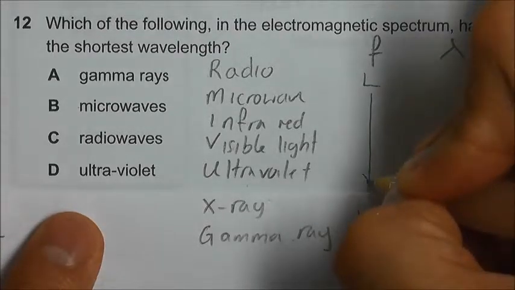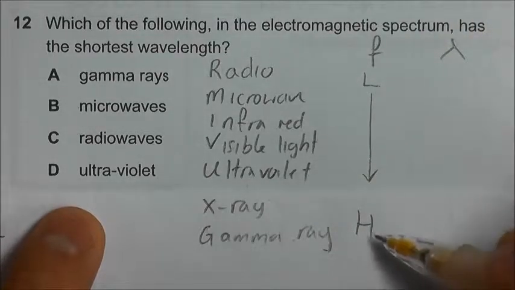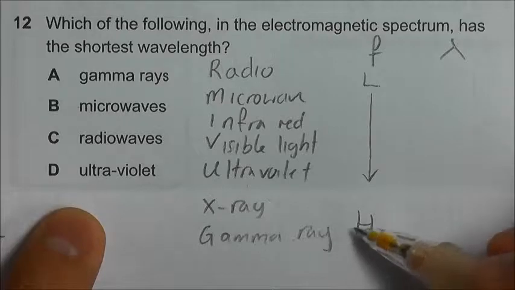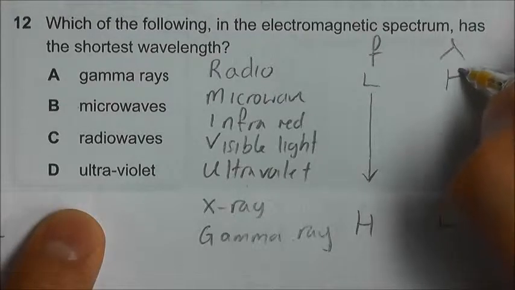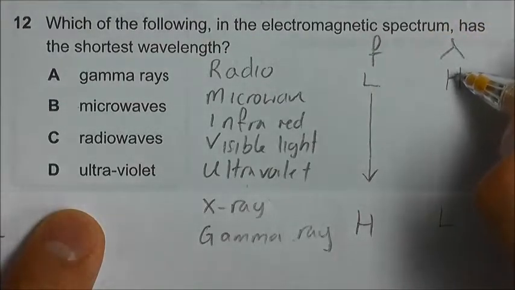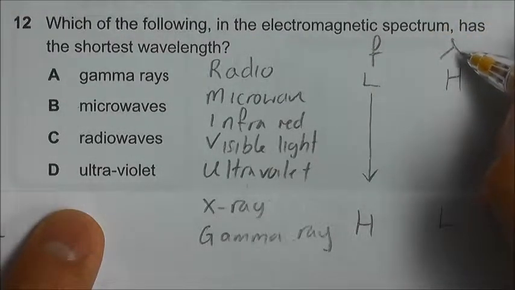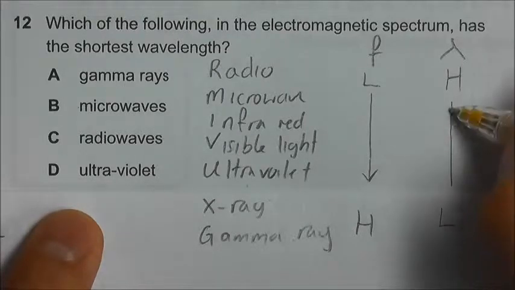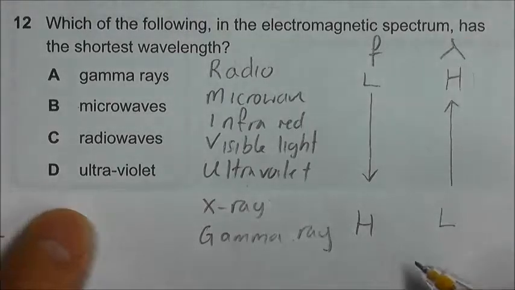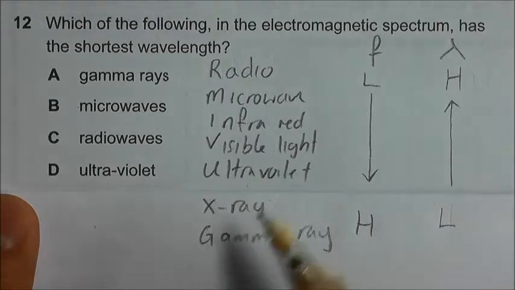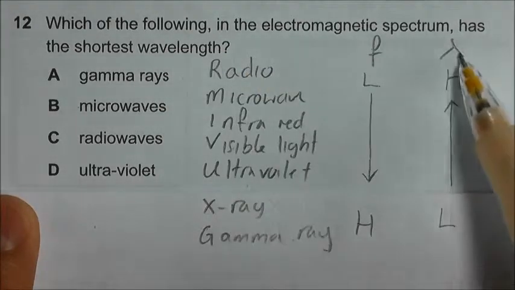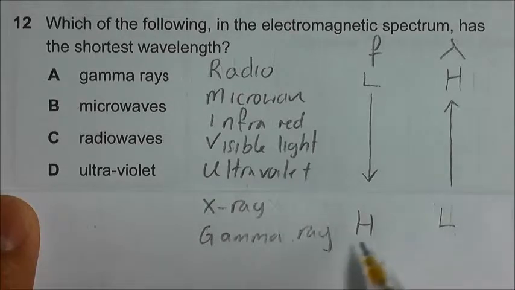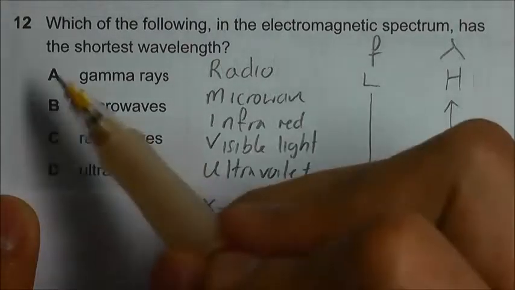And gamma ray, since it has the highest frequency, must have the lowest wavelength. So radio wave will have the highest wavelength. With this, we can easily conclude that the EM wave with the shortest wavelength has to be gamma ray, A.